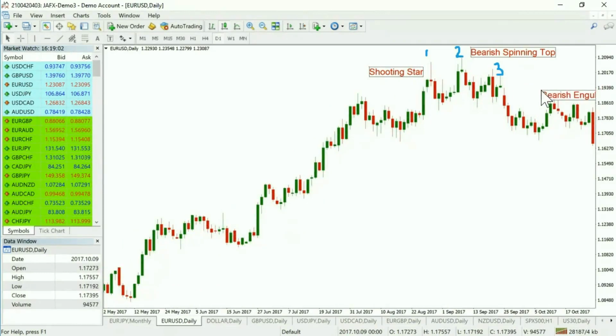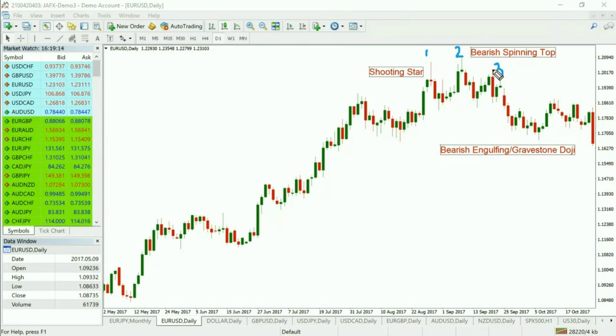Let me just move this across. So just these 2 candlesticks in here, bearish engulfing. I'll just bring it down to the bottom there so you can see it. So candlestick number 3 for us is the bearish engulfing, followed by the gravestone doji candlestick, or it's very, very close to it.